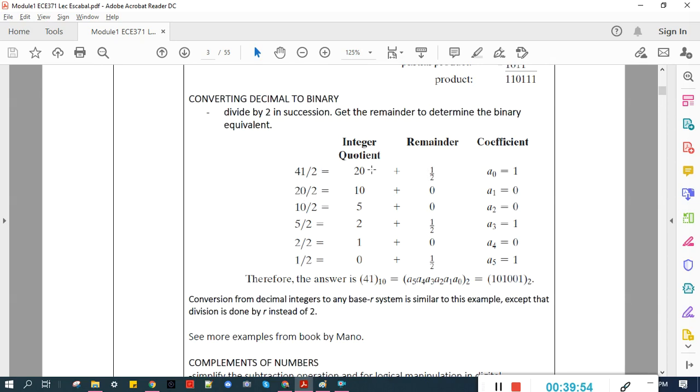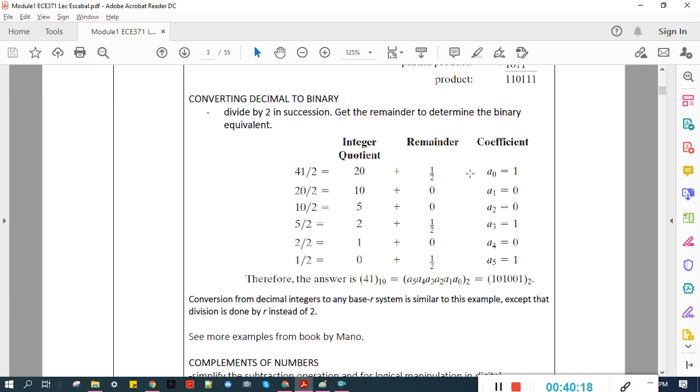Then 20 divided by 2 is 10, remainder is 0. Then 10 divided by 2 it's 5, remainder 0, and then 5 divided by 2, it's 2, remainder 1, then 2 divided by 2, it's 1, remainder 0, then 1 divided by 2 is 0, remainder 1.